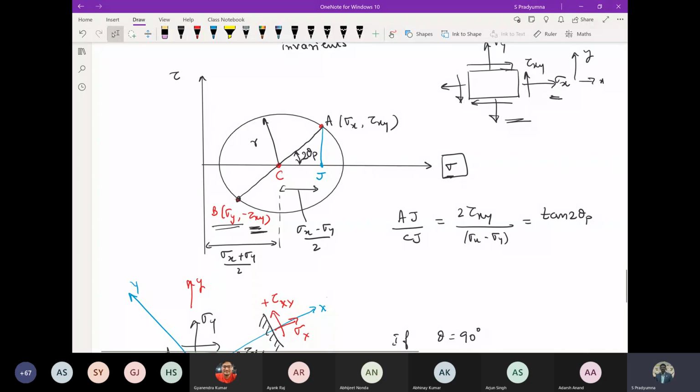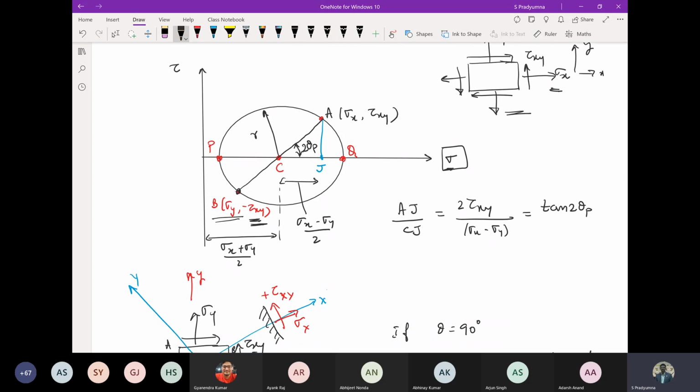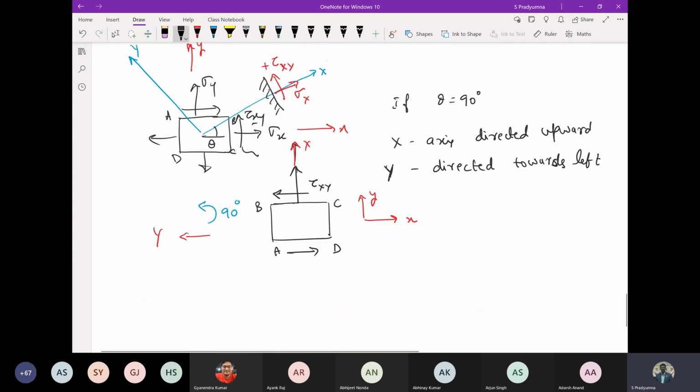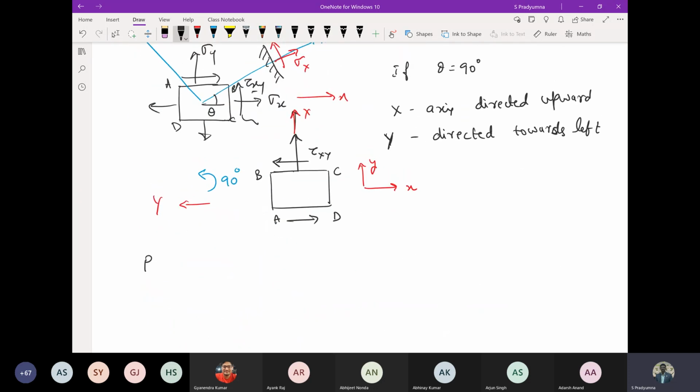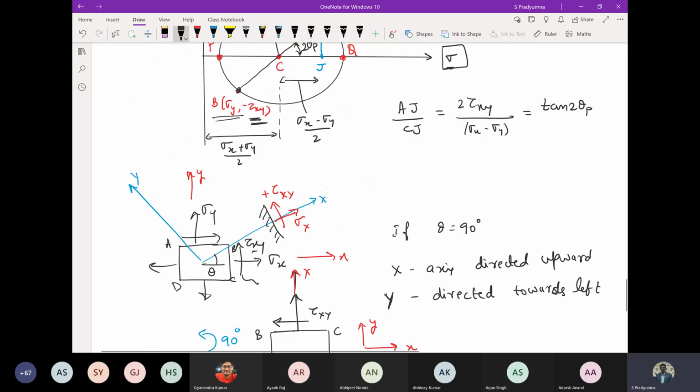Next thing you can find out is that let's say I call these two extreme points here point P and point Q. So what is point P? Sigma m minus r, and what is Q? Sigma m plus r, right?